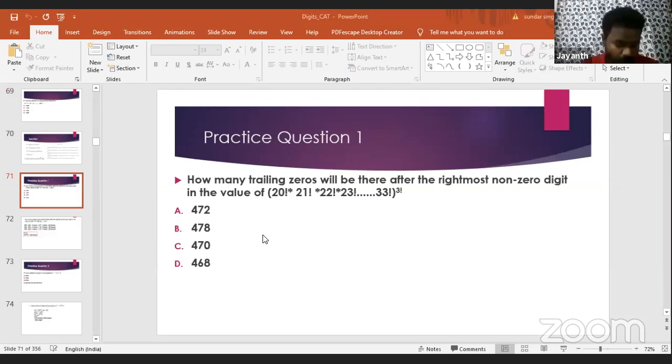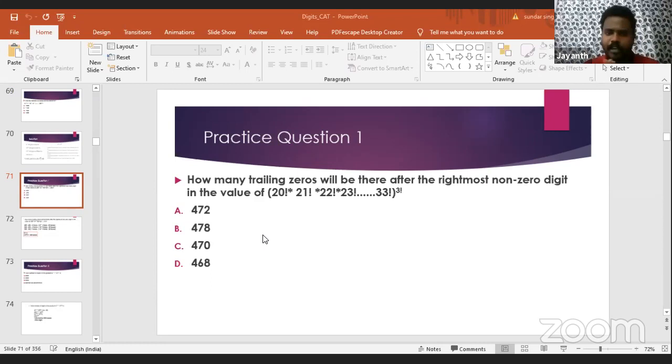So far we have seen trailing zeros, every concept we have seen, right? I want you guys to solve it now. How many trailing zeros? These are all very standard problems. I'm not going to give you many examples. By giving one or two standard problems, if you come out with the right answer, I'll come to know that you've got the concepts clearly.